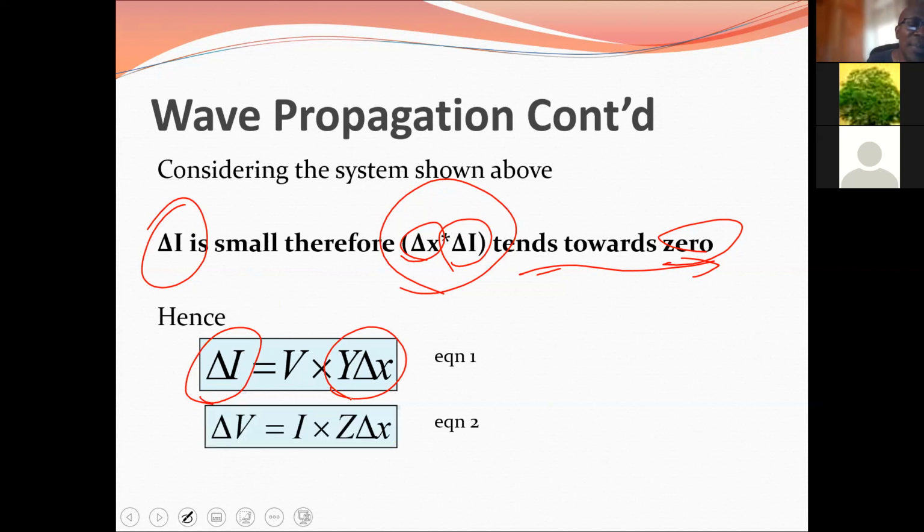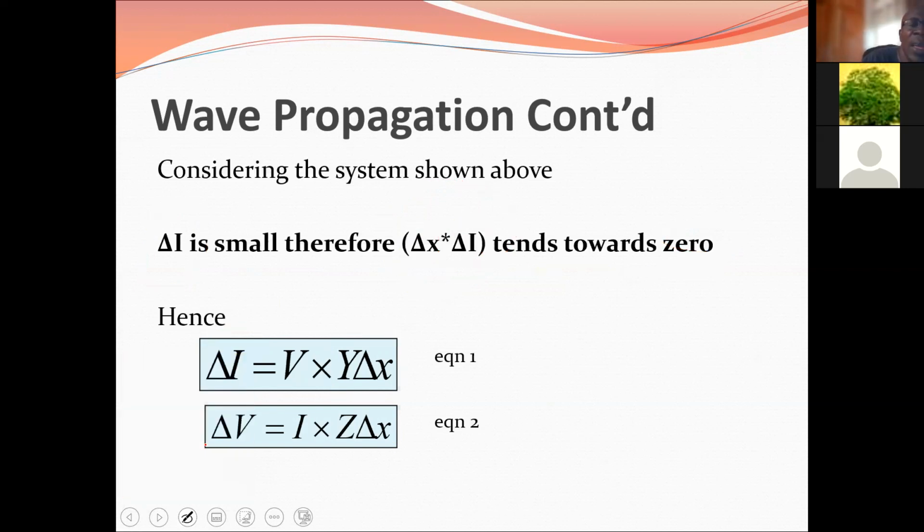And with the impedance portion, delta V would be equal to I times Z delta X, because remember, delta I times delta X was tending to 0, so that delta I times Z delta X would be equal to 0.